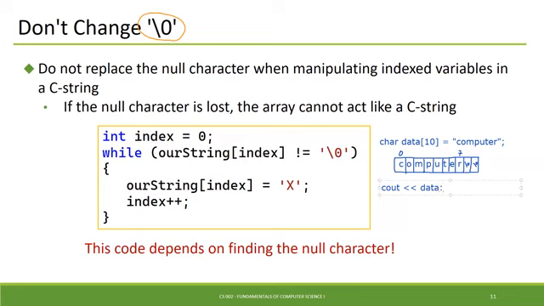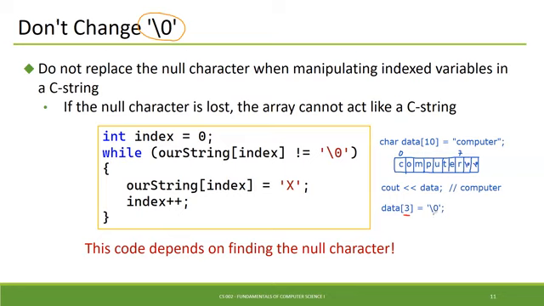Then I'm going to do this: data[3], and I will save the null character at 3. Do you understand what I'm doing? See here, data[3].